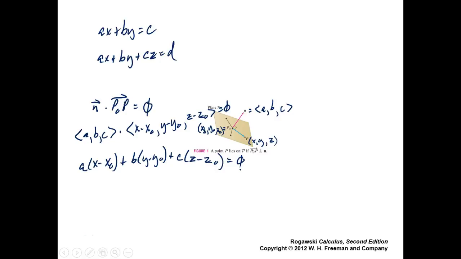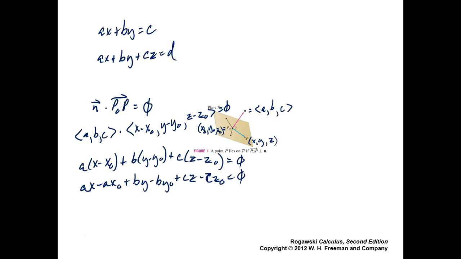Okay? That's a scalar equation now, right? Let's get the variables together: AX minus AX0 plus BY minus BY0 plus CZ minus CZ0 is equal to 0. That's an ugly C, isn't it?